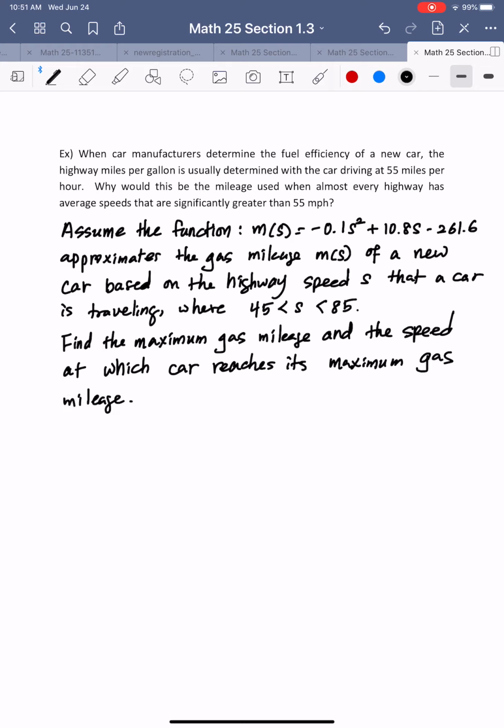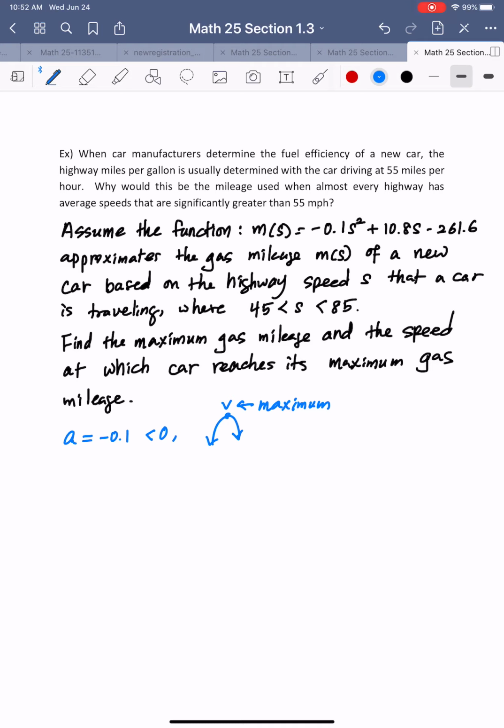Since a is negative 0.1, which is less than 0, we get a downward parabola. So the vertex is going to be the maximum. Let's see what speed gives the maximum gas mileage.